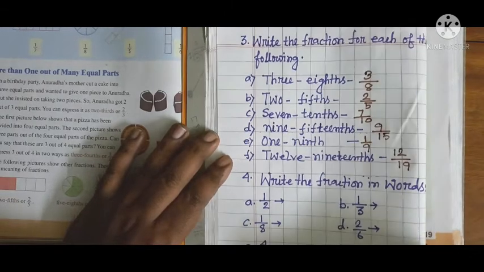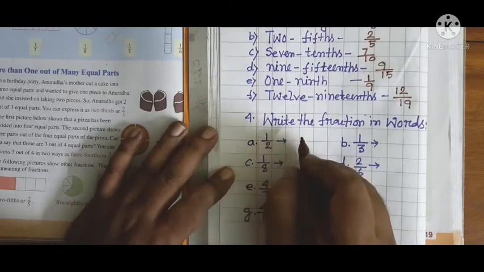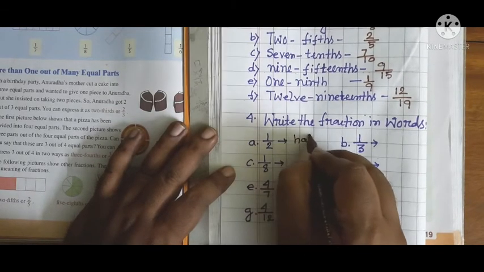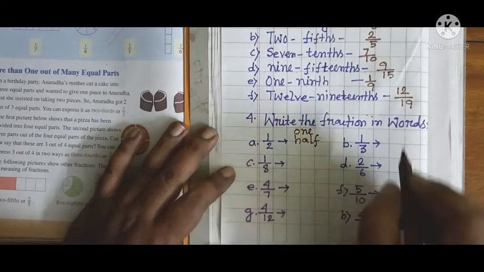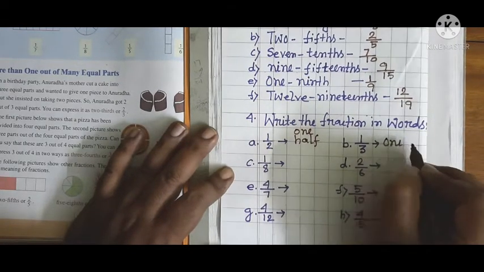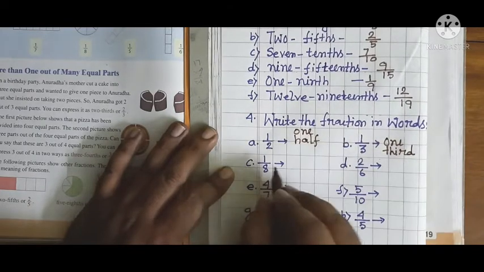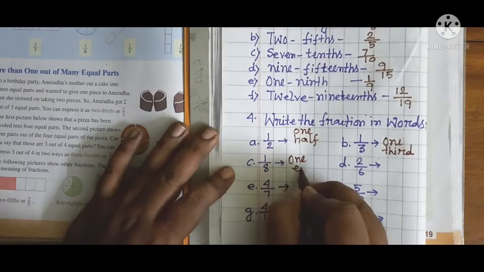Next, write the fraction in words just opposite. Then it will be 1/2, a half. It will be 1/3. Next it will be 1/8.